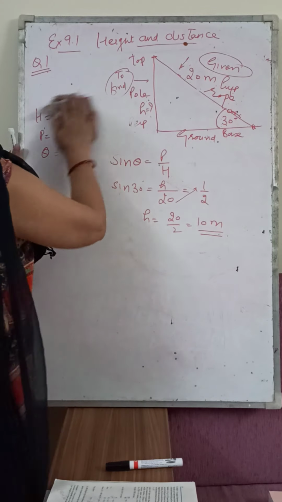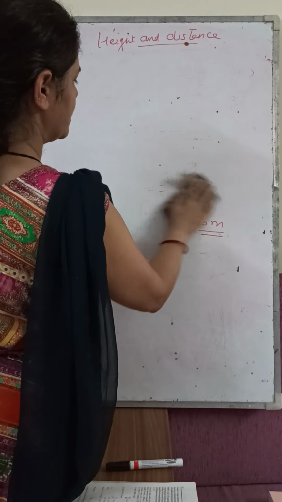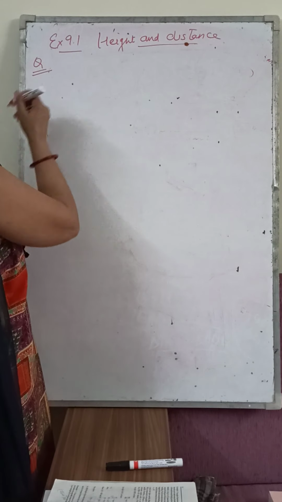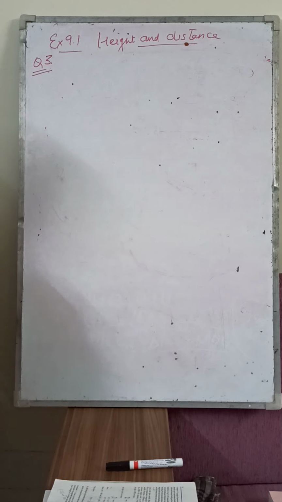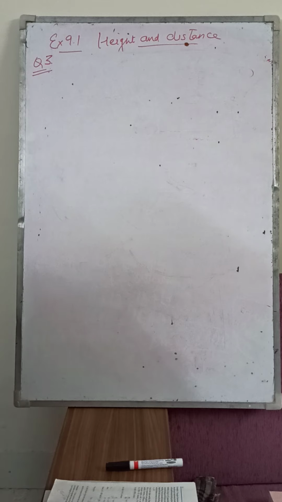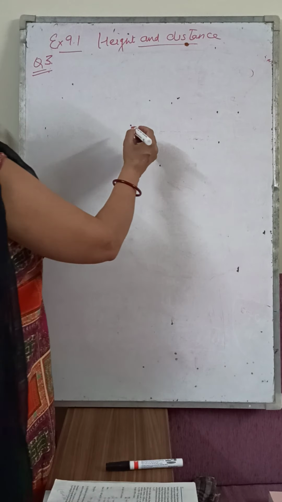Now come to question number 3. A contractor plans to install 2 slides for the children to play in a park. For the children below 5 years, she prefers to have a slide whose top is at a height of 1.5 meter.